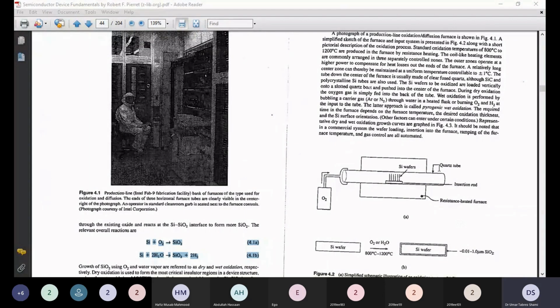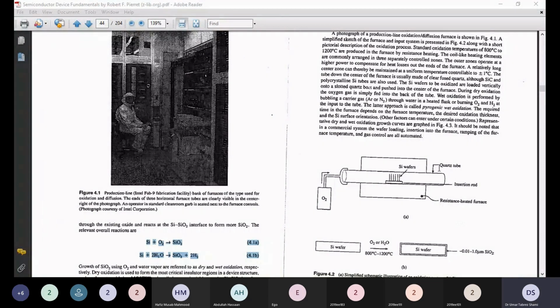Standard oxidation temperatures of 800 to 1200 degrees are produced in the furnace by resistance heating. Coil-like heating elements are commonly arranged in 3 separately controlled zones. The outer zones operate at a high power to compensate for heat losses out the end of the furnace.